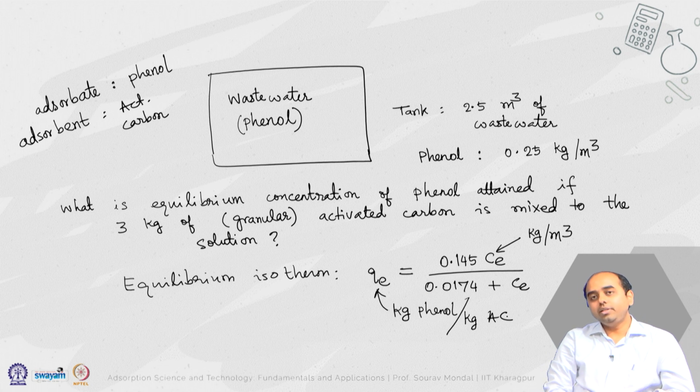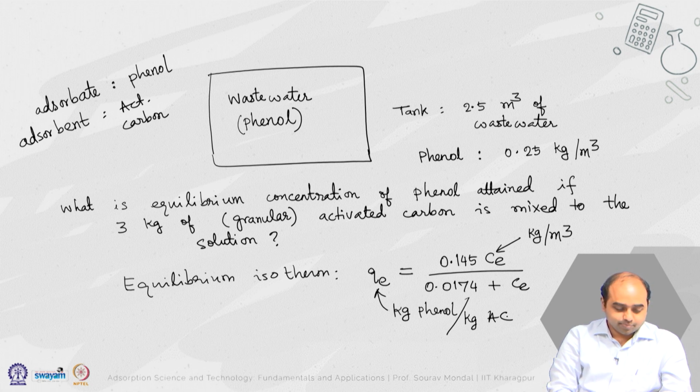So essentially QE is a dimensionless quantity, but it is very important to understand that it is the kg of phenol per kg of the adsorbent. That is how the equilibrium concentration in the adsorbent phase is described in this case.